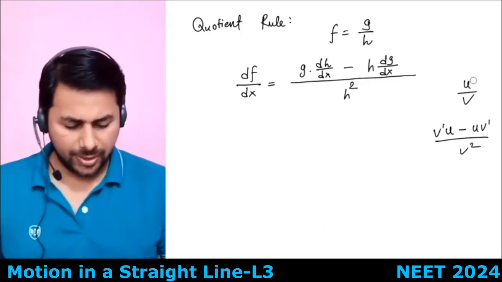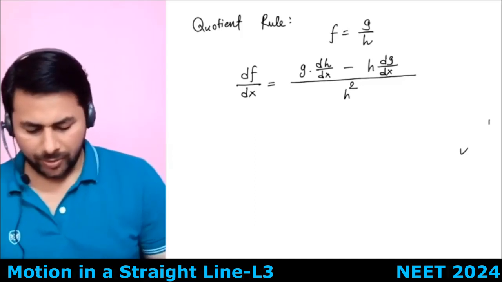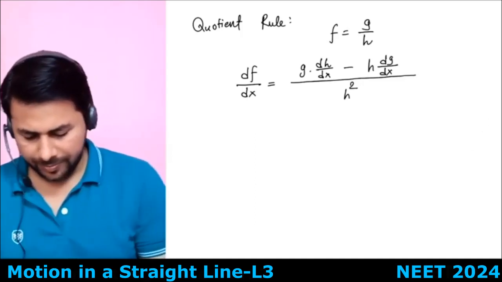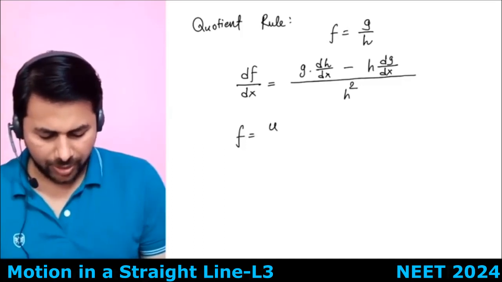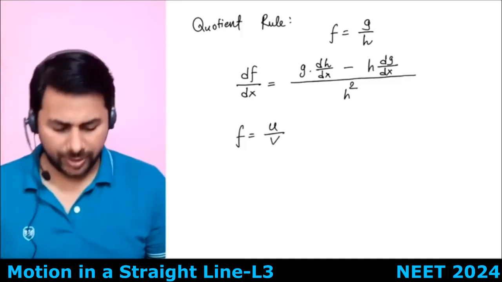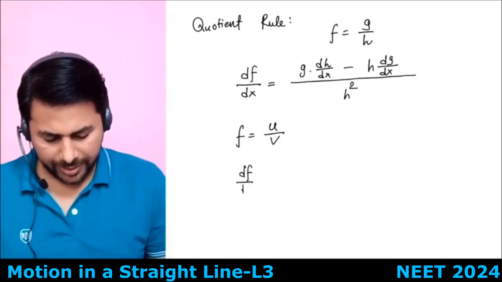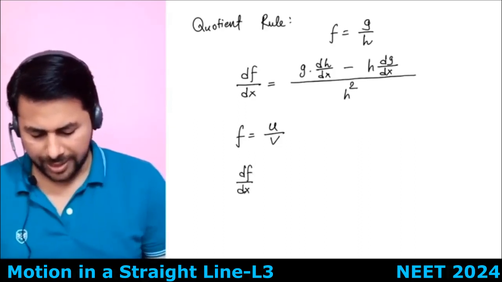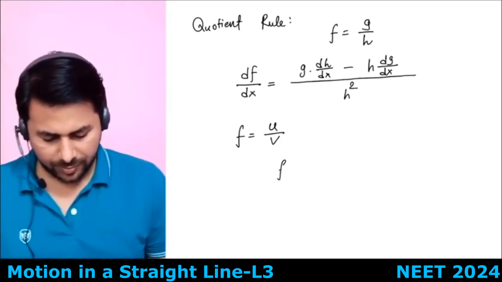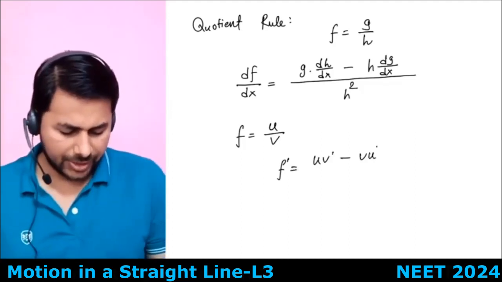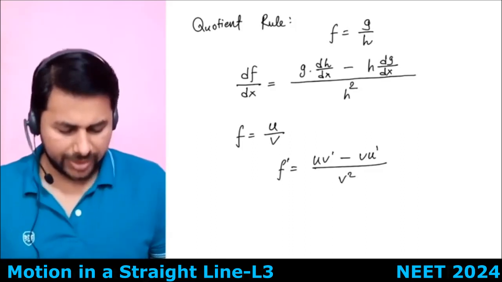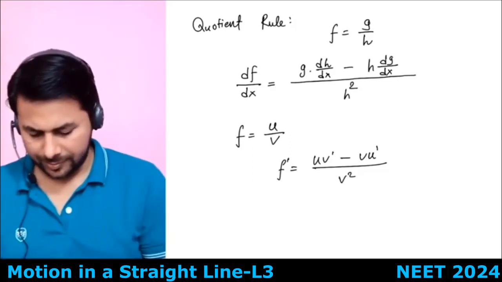So if you have remembered this formula, that f is equal to u upon v, then df by dx, or f dash, is equal to u v dash minus v u dash divided by v square.